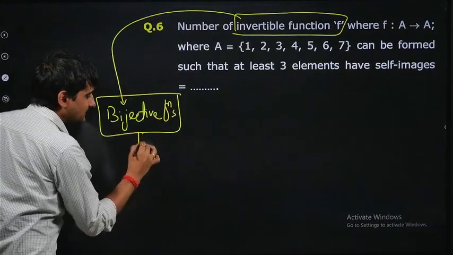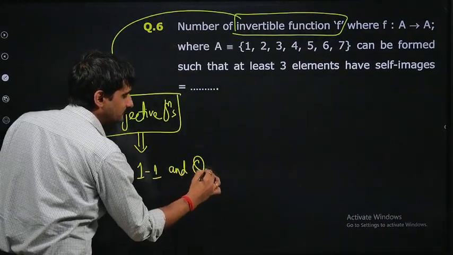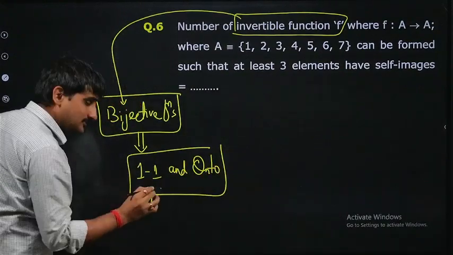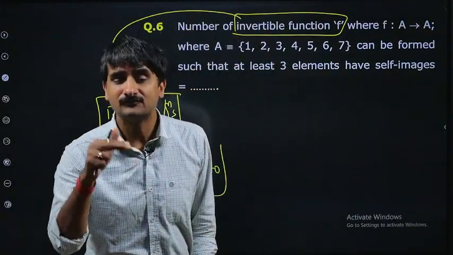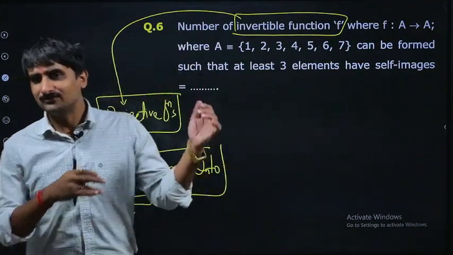Now what are bijective functions? Bijective functions are those functions which are 1-1 and onto. Now what are 1-1 functions? 1-1 functions are those for which two different inputs will for sure give us two different outputs.